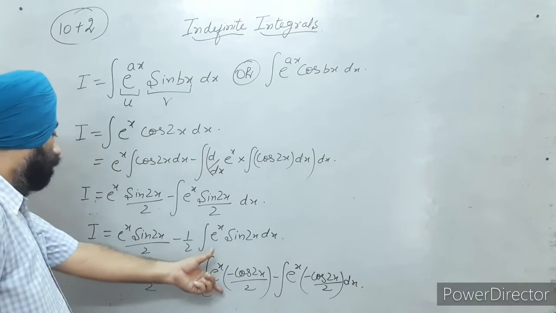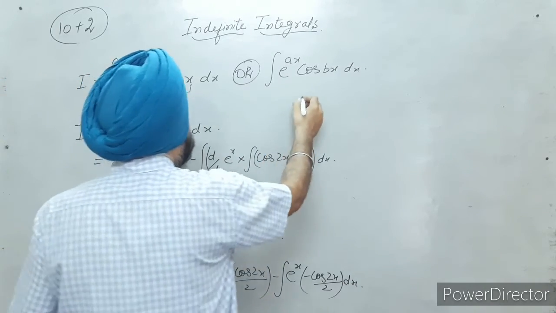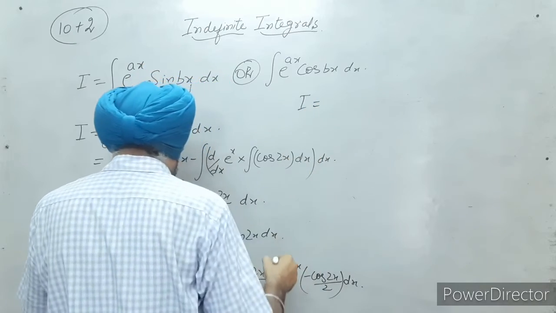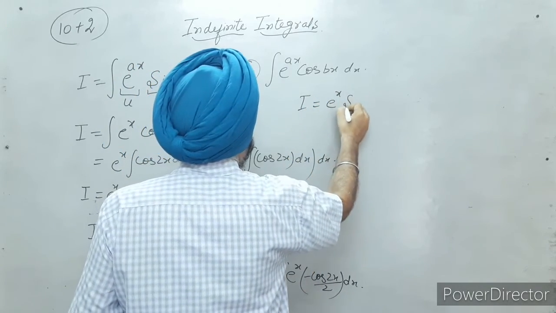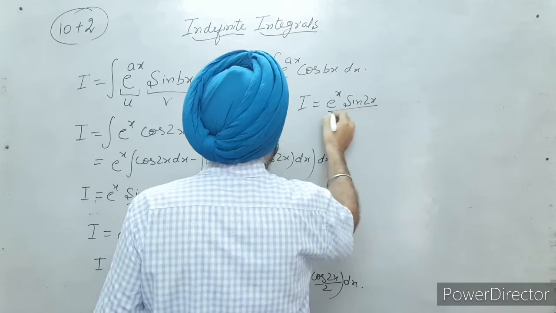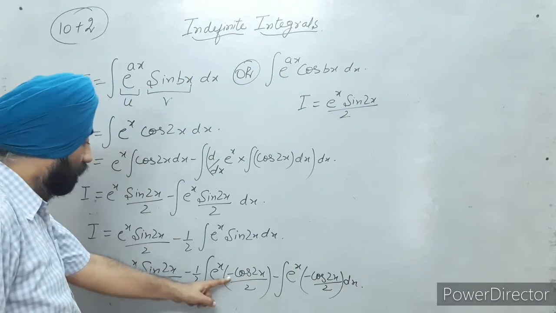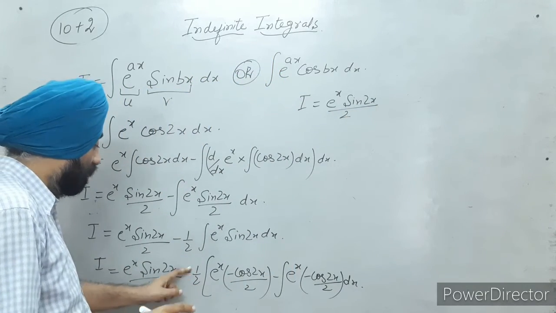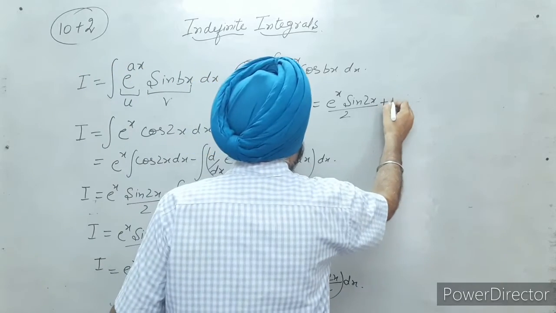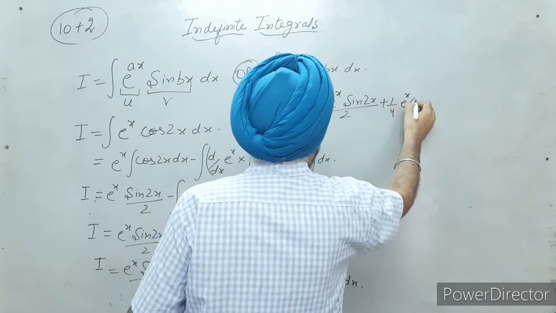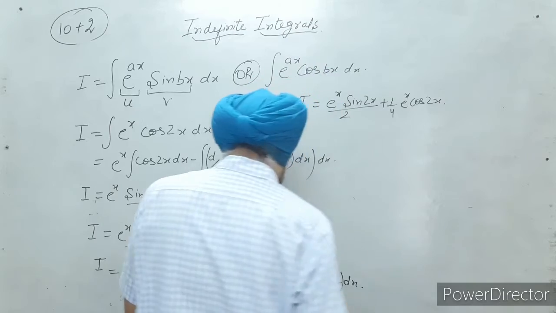Now just open the brackets. It will be I equals e to the power x sin 2x divided by 2. This is minus into minus, it becomes plus 1 by 4 e to the power x cos 2x.